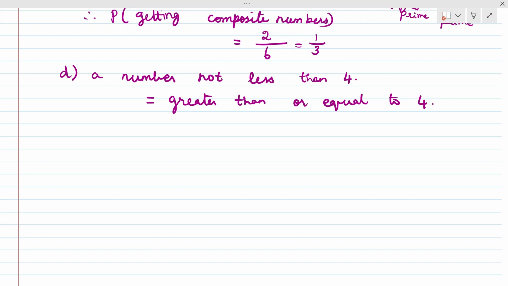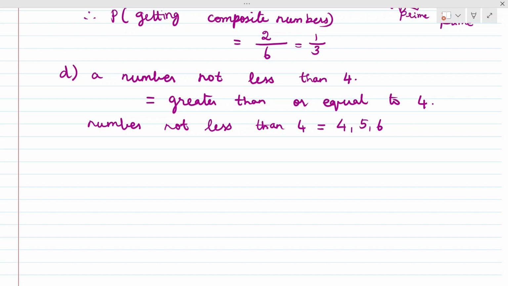So, greater than or equal to 4. What are such numbers? Numbers not less than 4 are 4, 5 and 6. See, here 5 and 6 are greater than 4, so they are not lesser than 4. And 4 is also not lesser than 4.